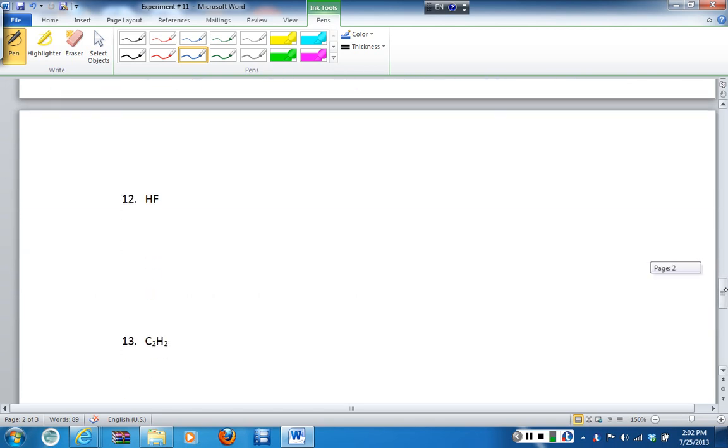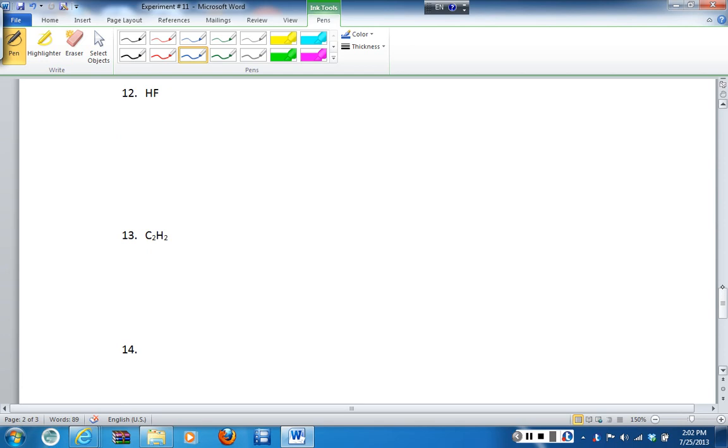If we move on to HF, hydrogen fluoride, we have a Lewis structure that looks like this, and we see that there are polar bonds present. Hydrogen and fluorine definitely do not have the same electronegativity, so it could be a polar or a non-polar molecule. But with hydrogen fluoride, you know just by looking at it that there is going to be a net dipole moment, with a partial positive on the hydrogen and a partial negative on the fluorine.